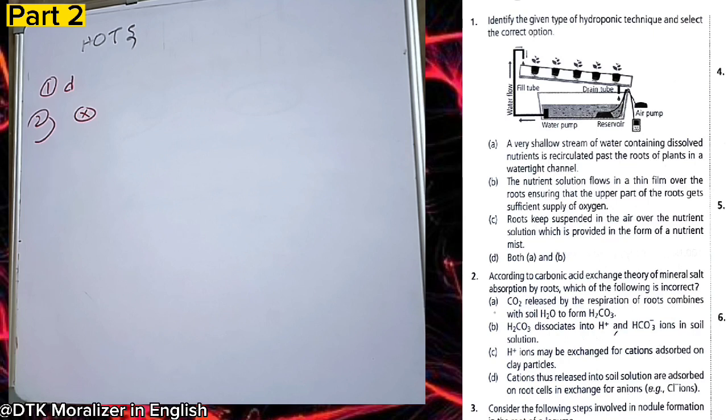H2CO3 dissociates into H plus and HCO3 minus ions in soil solution. H plus ions may be exchanged for cations adsorbed on clay particles. Cations thus released into soil are absorbed on root cells in exchange of anions. Here option D is incorrect.